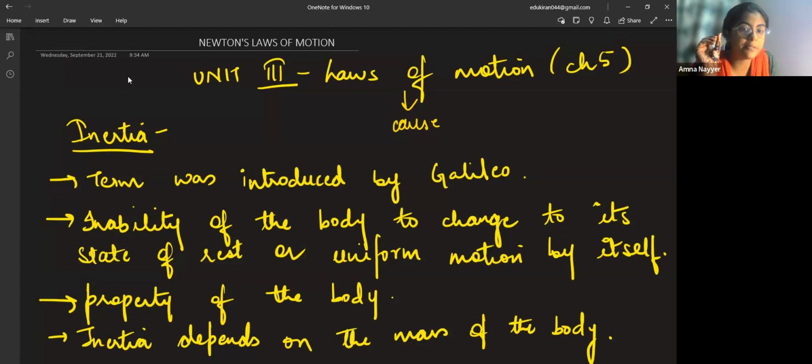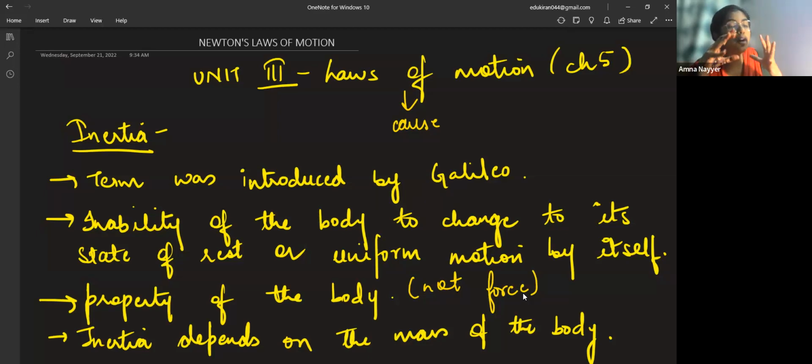Forces are different. Inertia is just a property, and we just coin or term this property as inertia. So please be clear, this is not a force. I'll write this also. It's a property of the body, not a force.